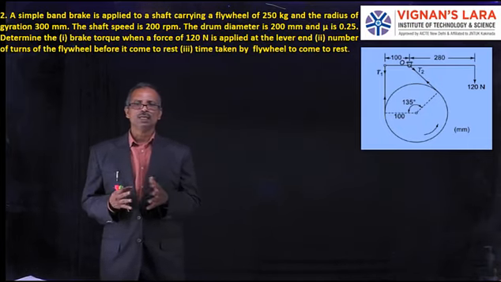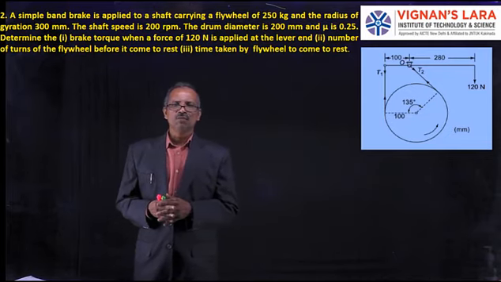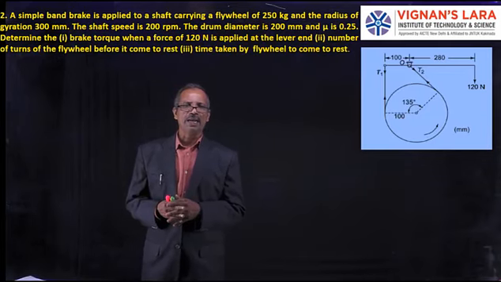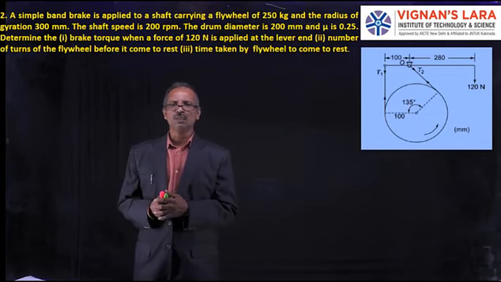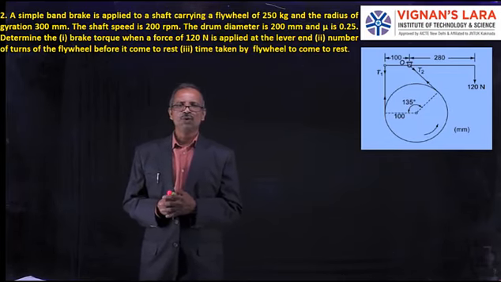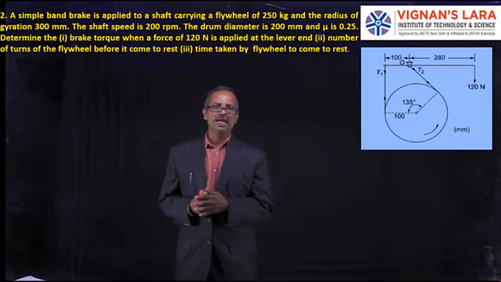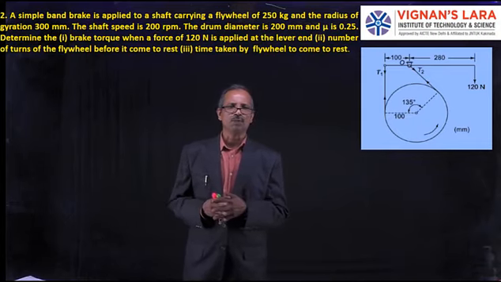Determine, there are 3 parts. First, the brake torque when a force of 120 Newton is applied at the lever end. Second, the number of turns of the flywheel before it comes to rest. And third, the time taken by the flywheel to come to rest. These are the 3 parts in the problem.